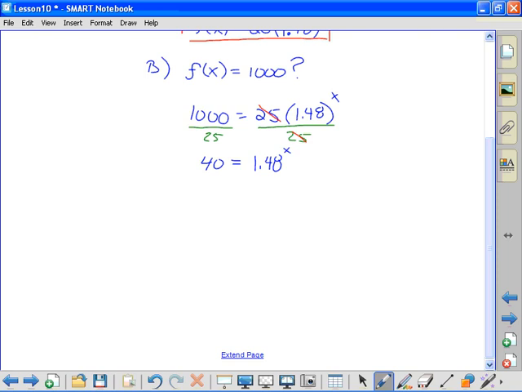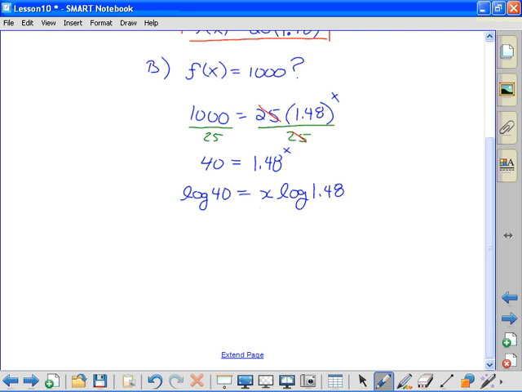And now we're down to the homework from yesterday. Take the log of both sides. And now, hopefully by now, you're comfortable saying the log of 1.48 to the exponent x is simply x log of 1.48. So you're comfortable skipping that step and realizing with the exponent law, the exponent is going to appear out front as a coefficient.